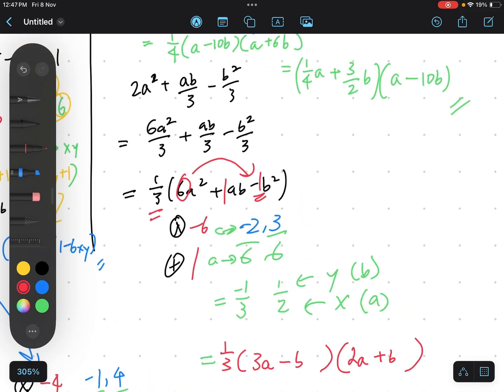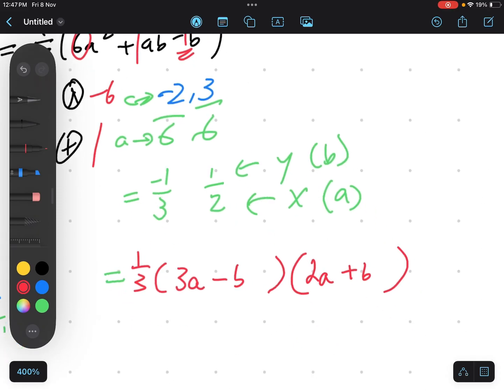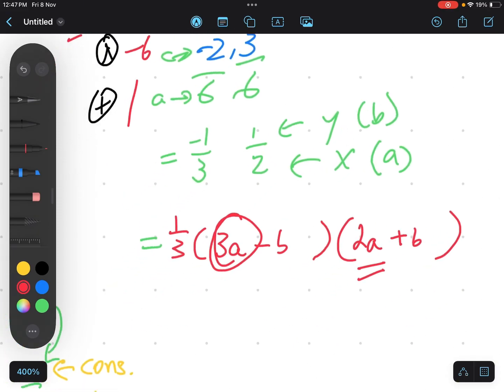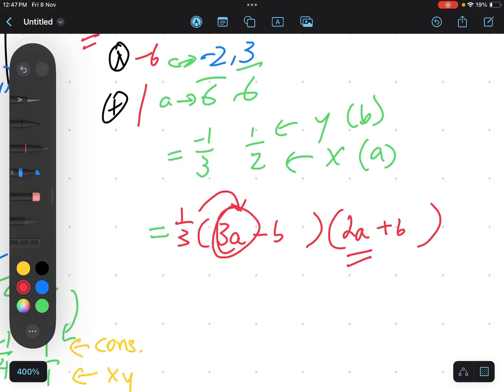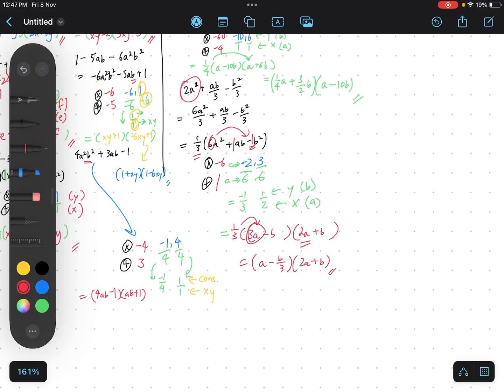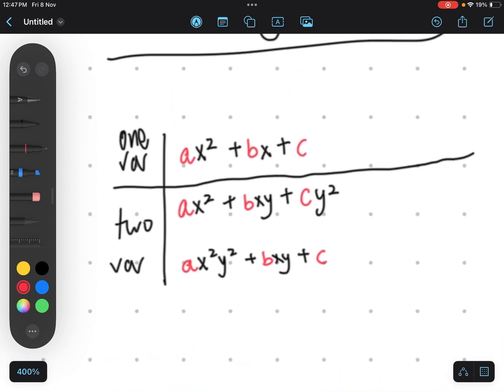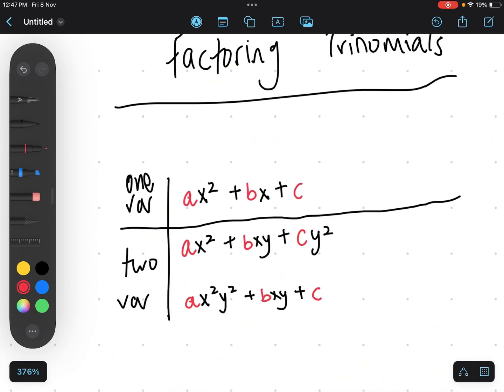And then you look at the top, we get 2a squared, and 2a is already here. So this must be a normal a. So we apply 1/3 to this. And so 1/3 of 3a is a, minus b over 3, 2a plus b. So voila, that's me doing some questions and how you can do a factoring trinomials.